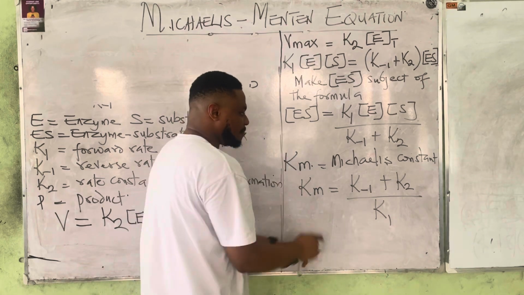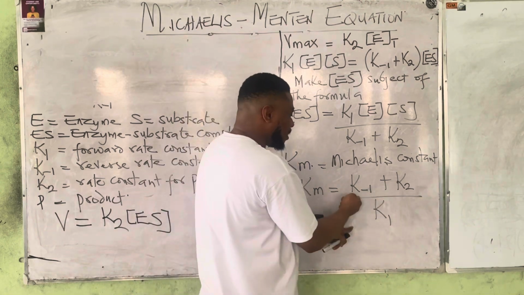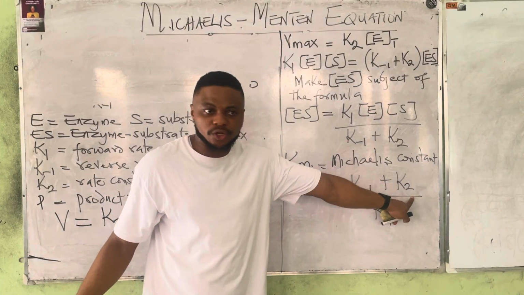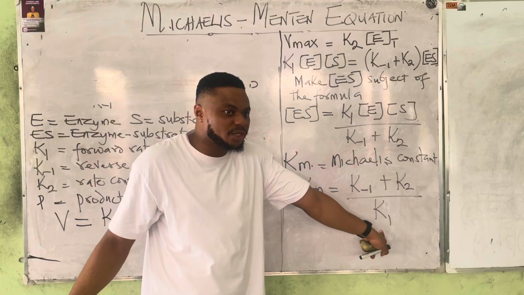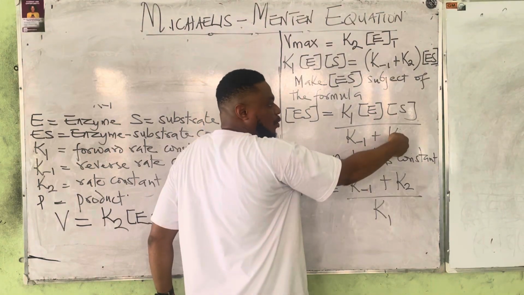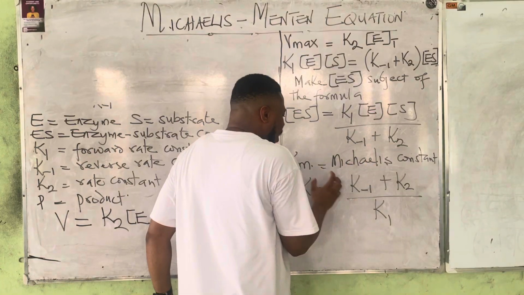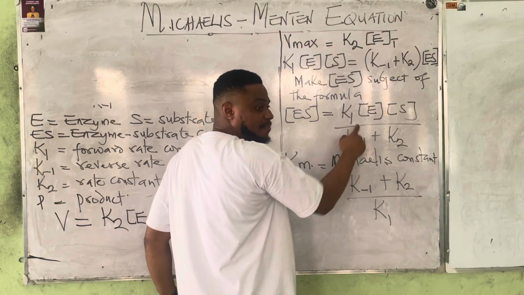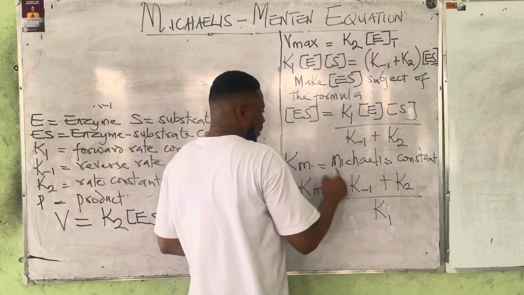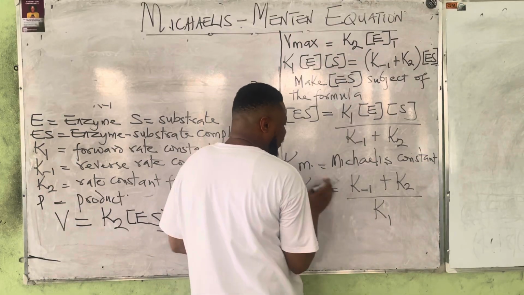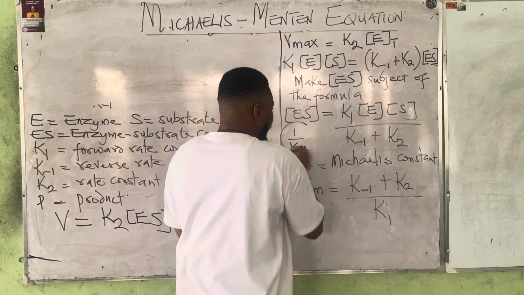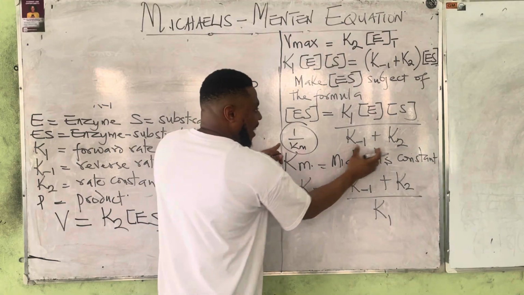Normally Km is K minus 1, that is the reverse rate constant, plus the product rate constant, divided by the forward rate constant. But here we have K1 over K minus 1 plus K2. So for us to substitute Km here, since this is the inverse, it will be 1 over Km, so Km will be down.